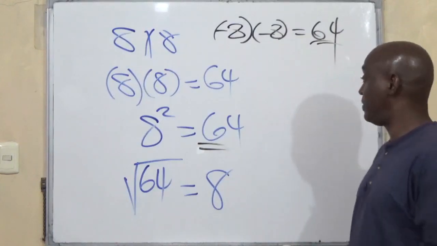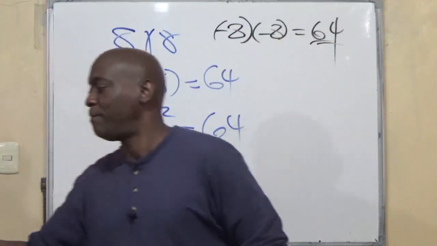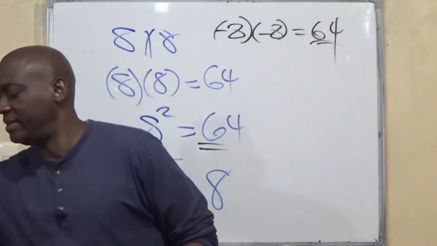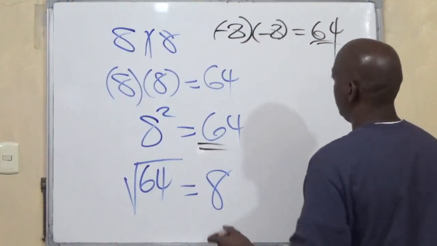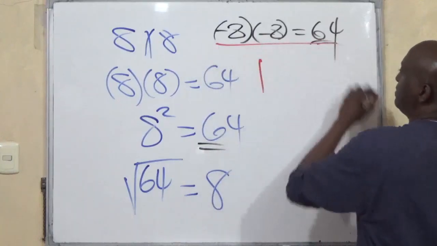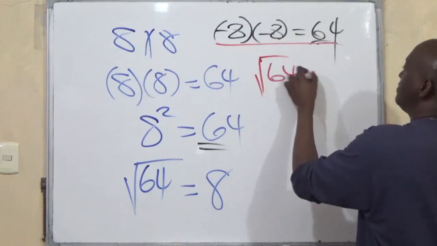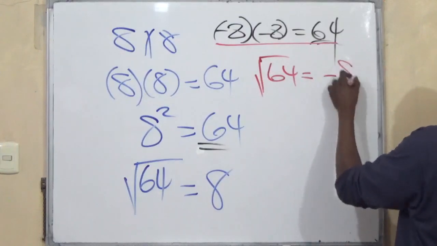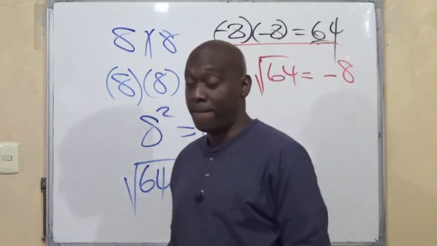You also have to consider the fact, and I'm putting it in red, that because of this relationship here, the square root of 64 is also minus 8. You see?